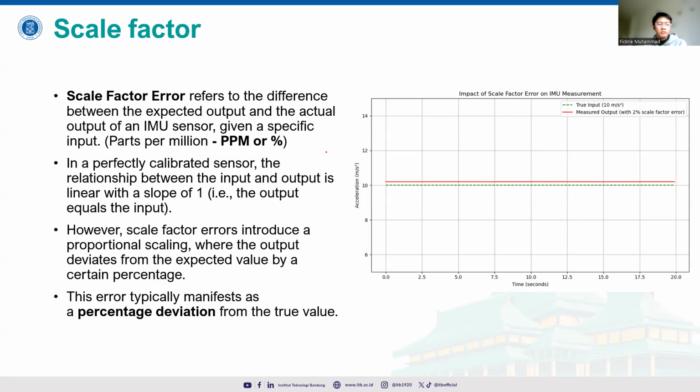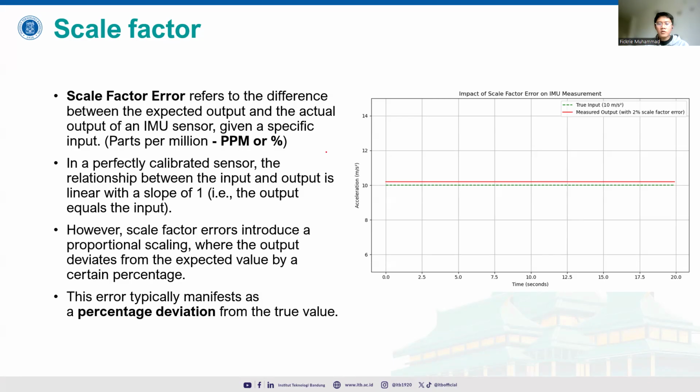But we can directly do the proportional scaling where the output deviates from the expected values. We can just use the percentage deviations from the true values, basically aligning the scale factor to our true values, and we'll have the correct measurements, if we know the scale factor of our IMU measurement.